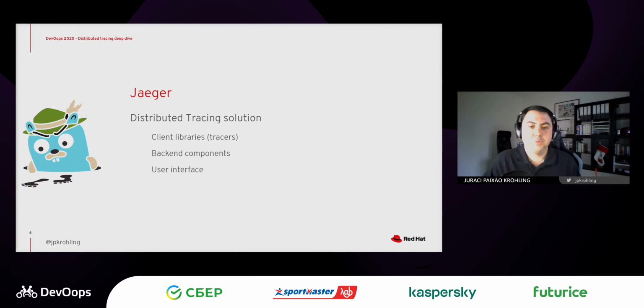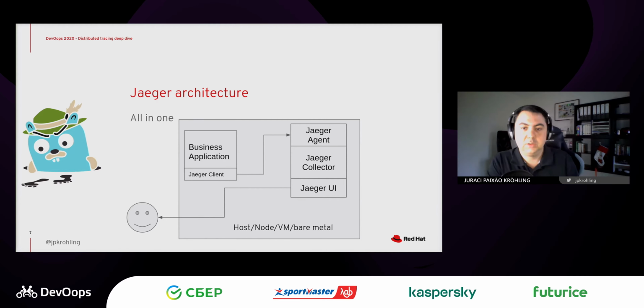Now, when deploying Jaeger, you have two main options. So the first one is deploying it using an all-in-one architecture. So this is similar to the demo that we had before. On the left-hand side here, we have the business application. In our case, it was example hot rod. And within that application, we have a Jaeger client.